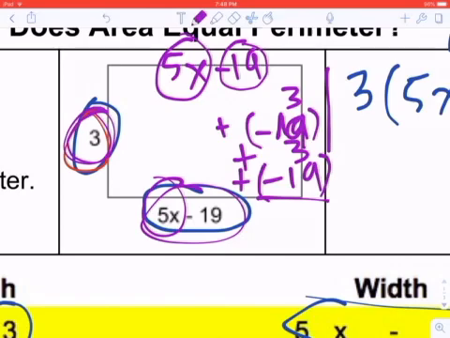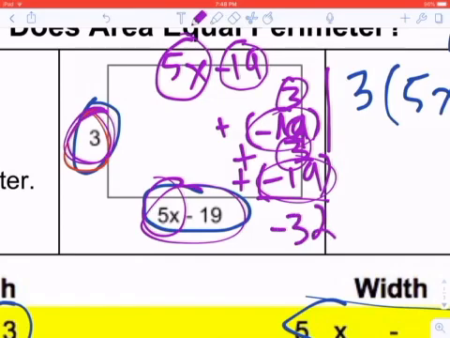For me, the way I would do it is negative 19 and negative 19 is negative 38. Then 3 and 3 is 6. So what is 6 plus negative 38? Well, it's negative 32. So to go all the way around this rectangle is a distance of 10x minus 32, right?